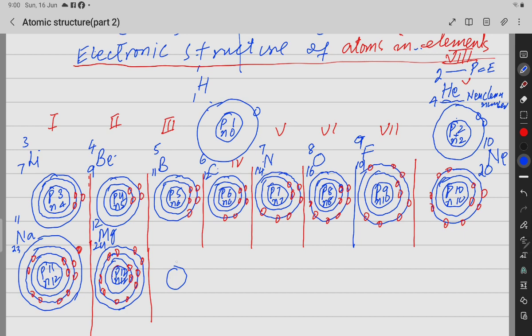This is nucleus, this is first shell, this is second shell, and this is third shell. And we have aluminium, 27 and 13.